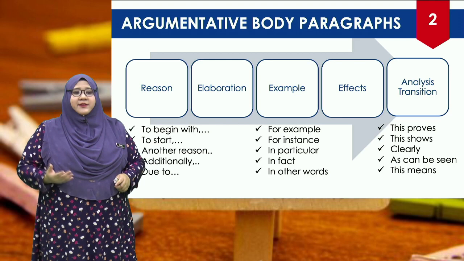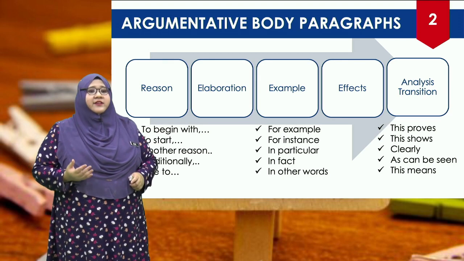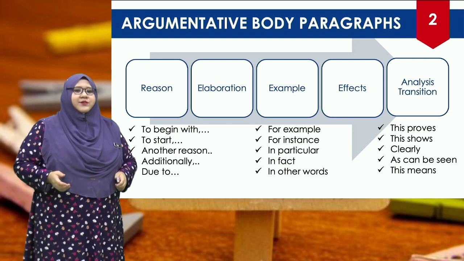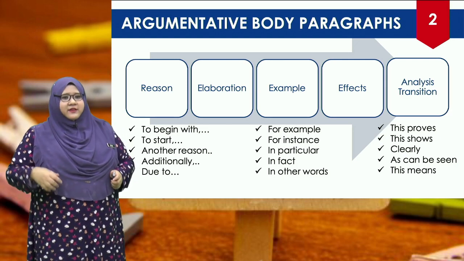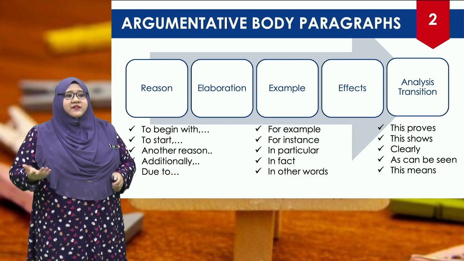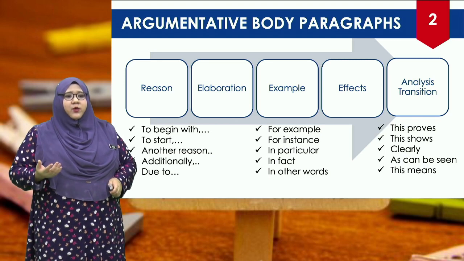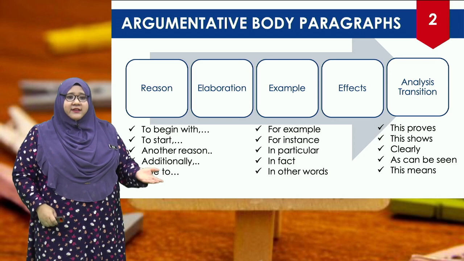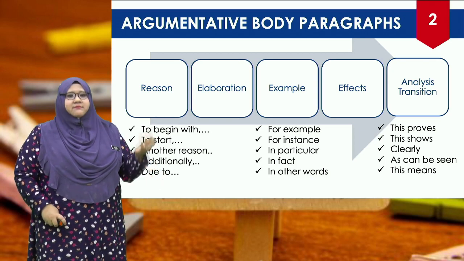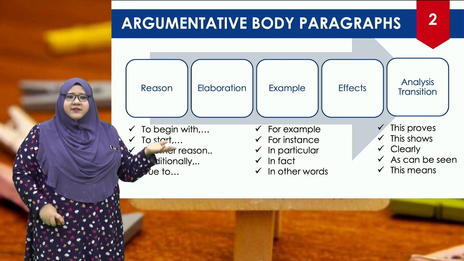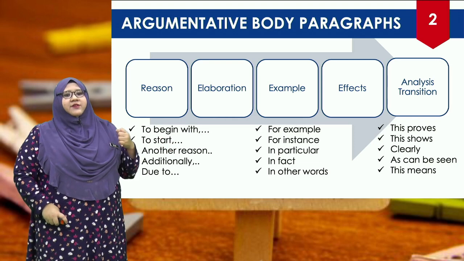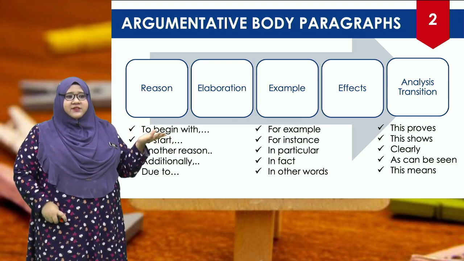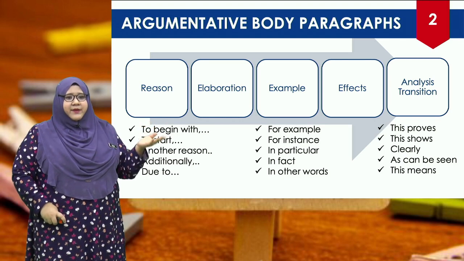Now, let's look at the body paragraphs of an argumentative essay. Okay, so you have to express your reason. You have to give the reasons why you agree or disagree with the argument. You also need to elaborate on your reason, add some examples, explain with some effects, and then you can use an analysis transition to end your body paragraph.